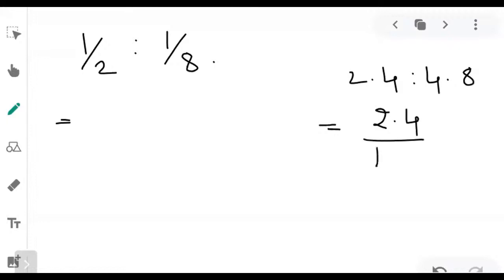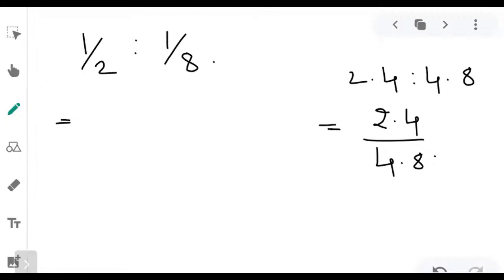If I have something like 3.4 is to 4.6 or 2.4 is to 4.8, convert it into fractions first. 2.4 by 4.8.